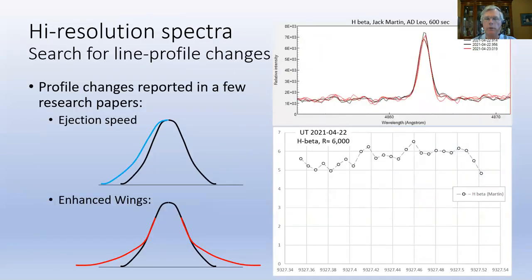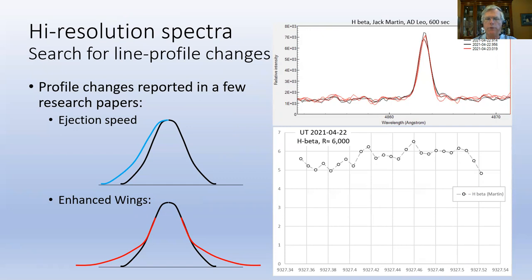Up to now, I've been showing low resolution LISA and ALPI spectra. We're interested in the potential for high resolution spectra because some research papers have reported various types of line profile changes during flare events. For example, one distinction between a flare versus a coronal mass ejection is the ejection speed, which will presumably cause a blue shift in the line.